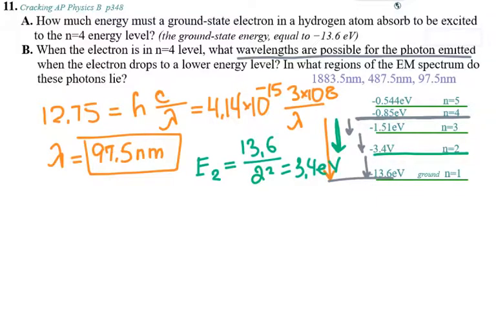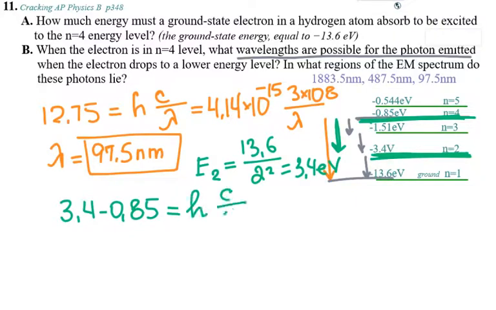The difference, 3.4 minus 0.85, is how much energy it has to lose to go from the fourth level to the second level. That is again hc over the wavelength. If I plug in my electron volts and Planck's constant and calculate the wavelength, I get 487.5 nanometers.